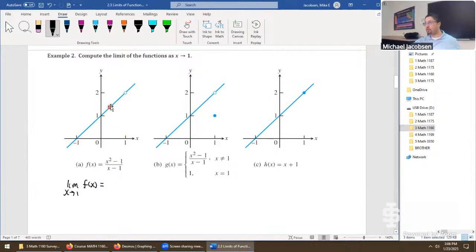As you come in towards 1 from the left, function values are getting higher and higher, closer and closer to 2. They'll never actually hit 2, but that's okay. The value of the limit is the value you're approaching, whether or not you actually hit the value. Coming in from the upper end, the values are dropping, getting closer and closer to the same value of 2.